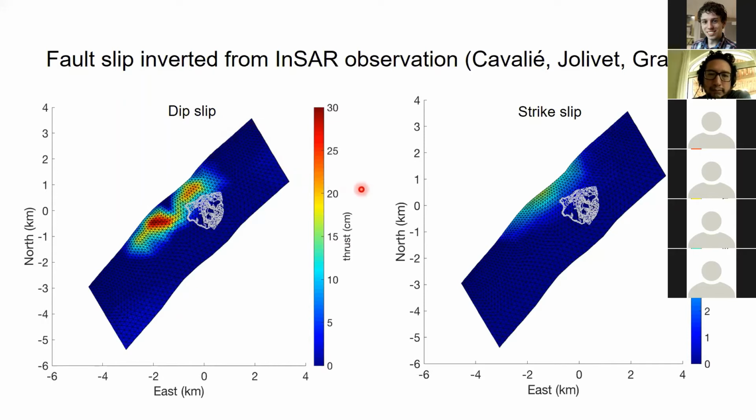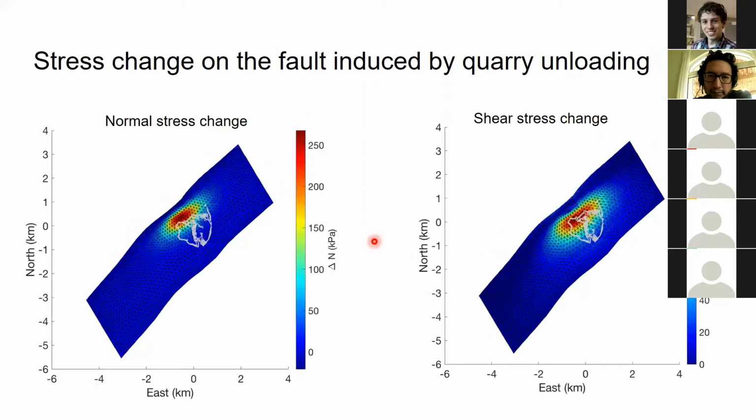As you can see from the slip version, most of the slip occurs in the reverse dip direction. It's dip slip. And the slip is also highlighted by two steep patches. One is near the quarry and the other is a little bit down here. The maximum slip is about 30 centimeters. By using the surface pressure constructed from the surface elevation map and also the fault geometry as shown here, we're able to compute both the normal stress change and the shear stress change on the fault.